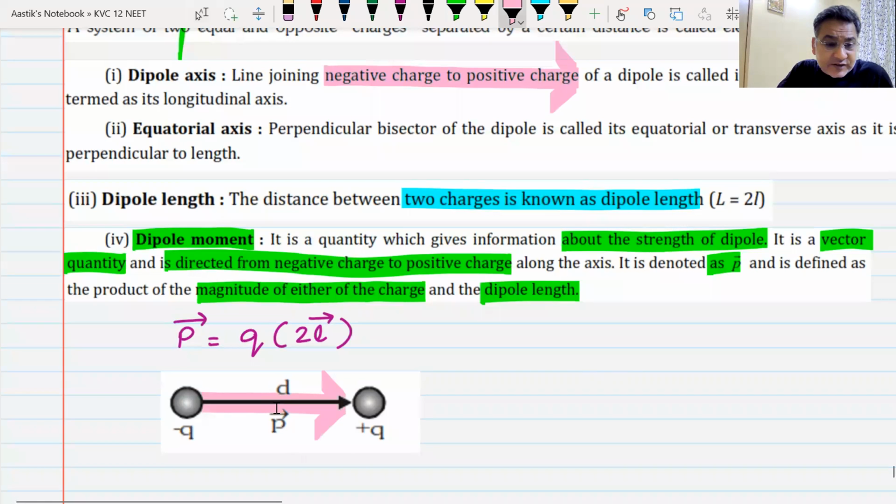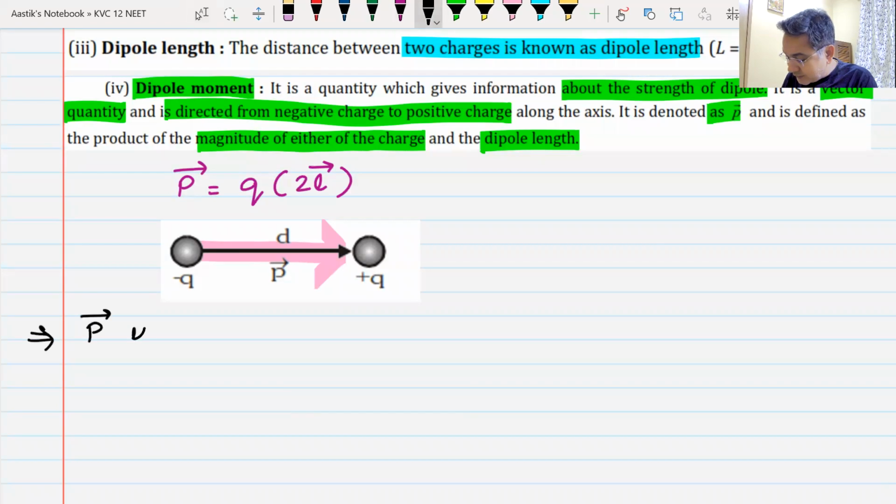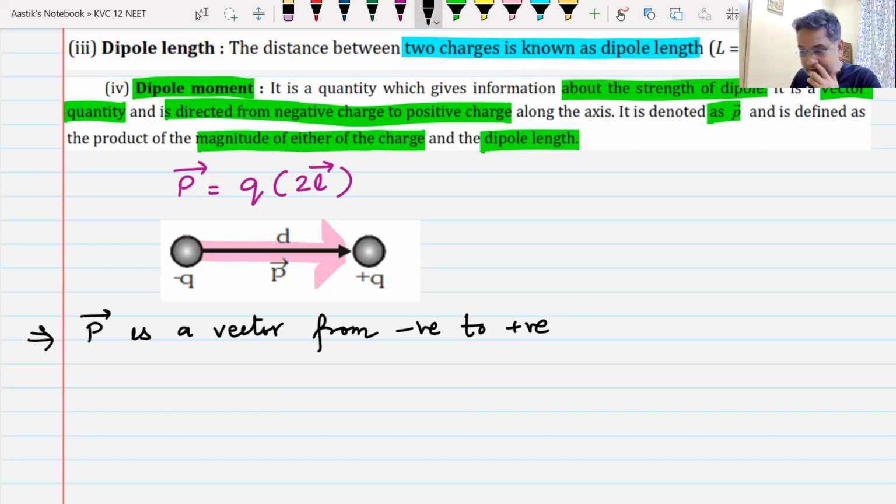What all things you must remember about this dipole moment? Let us put them down point wise. What is the first point that you remember? Dipole moment P vector is a vector directed from negative to the positive charge. The value of this dipole moment is q multiplied by 2L vector.